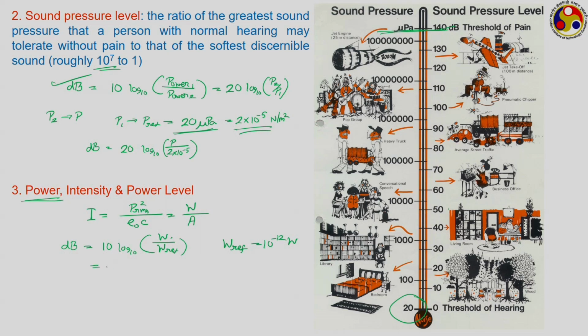So, this ratio becomes 10 log 10 W by 10 to the power minus 12, this much of decibel. Often this particular definition is called sound power level.